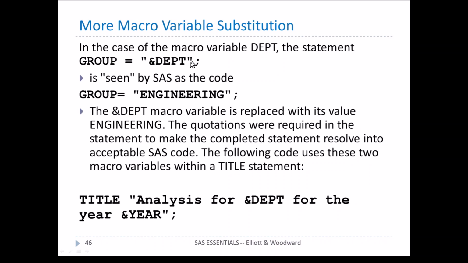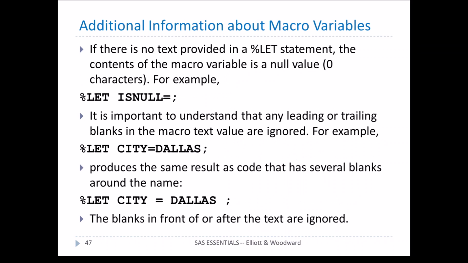Therefore, we have to put the quotations up here around the &dept as well. So that's a little bit tricky. You have to get used to that. But whenever SAS needs the quotation marks in normal code, then we put them there even though we have a substitution. And then down at the bottom we can have title analysis for &dept, which again would be substituted with engineering, for the year and in whatever year we had in there.